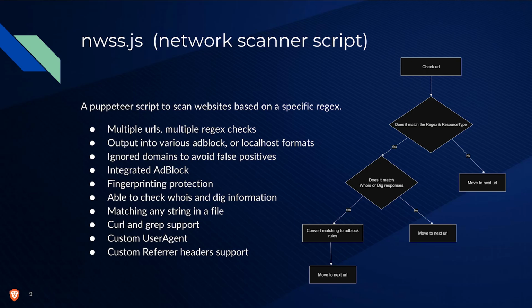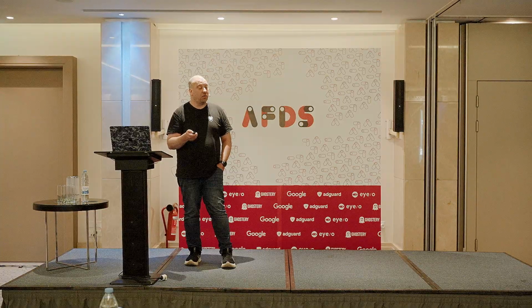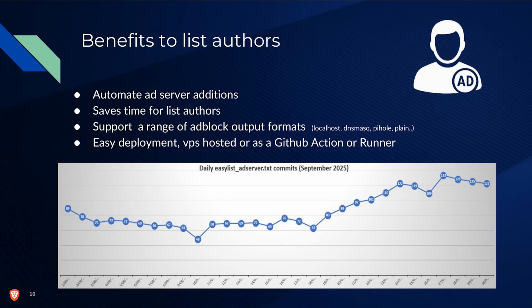And you can output not just in ad block format, but in localhost formats. You can do custom localhost formats, DNS mask, Pi-hole. So there are options available to people, and I'll discuss that more. But this is what we've developed over the last 4 months now.